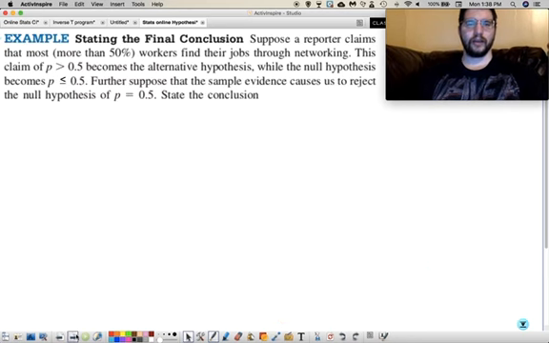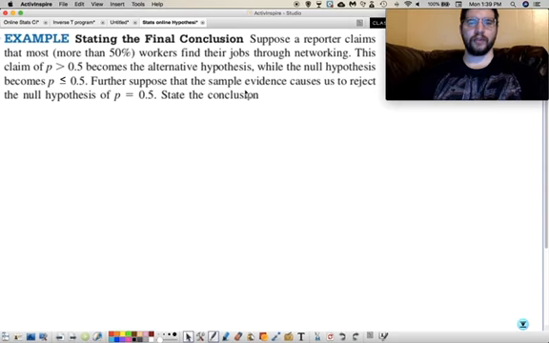Now, let's get an example. Suppose a reporter claims that more than 50% of workers find their jobs through networking. This claim of P greater than 0.5 becomes the alternative hypothesis, while the null hypothesis would be P is less than or equal to 0.5.